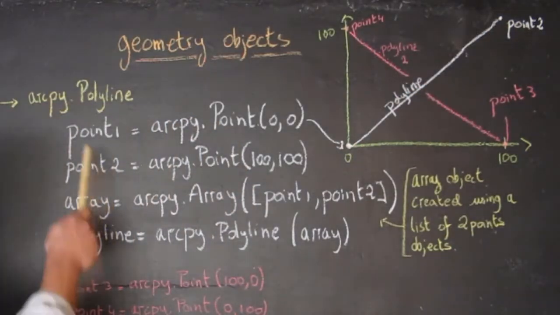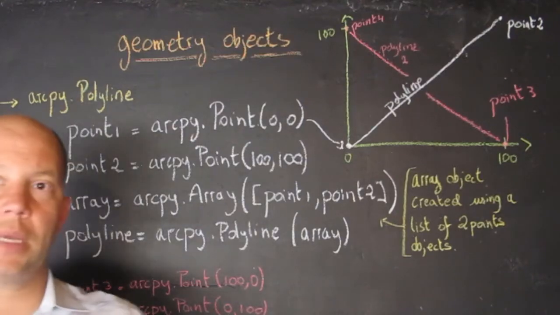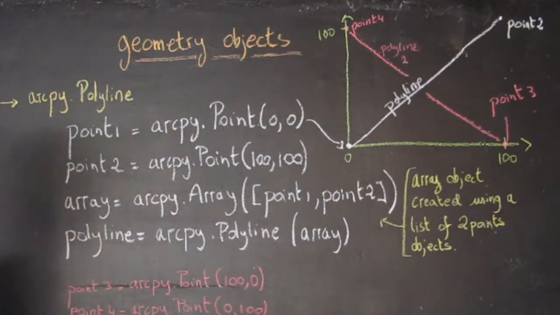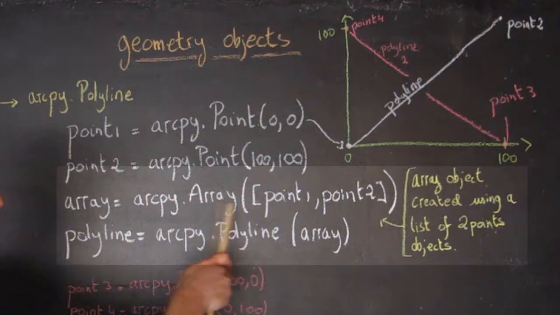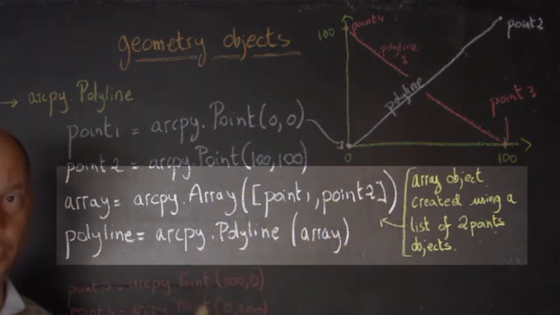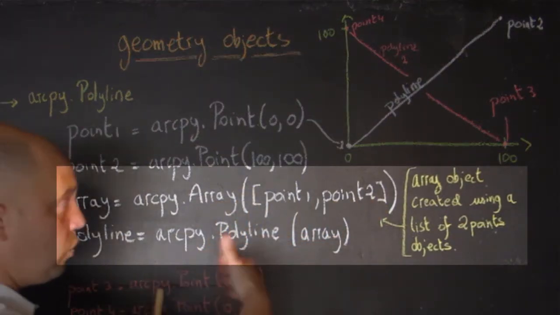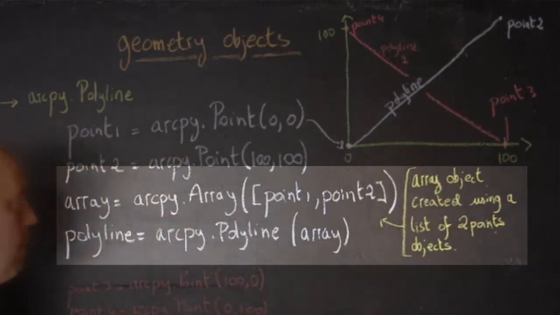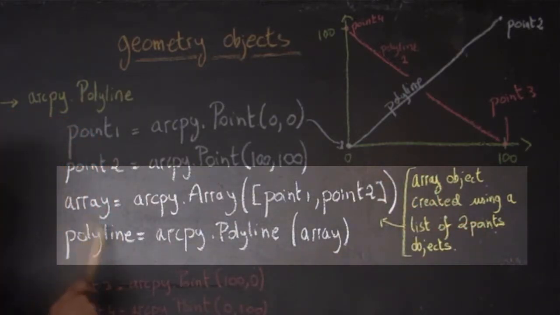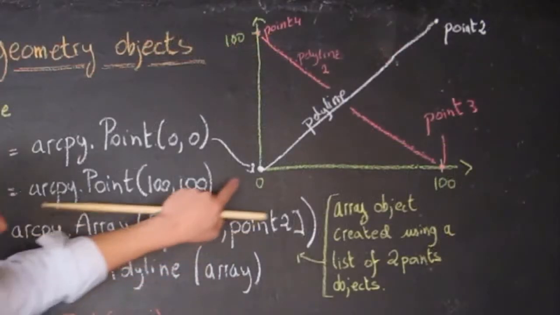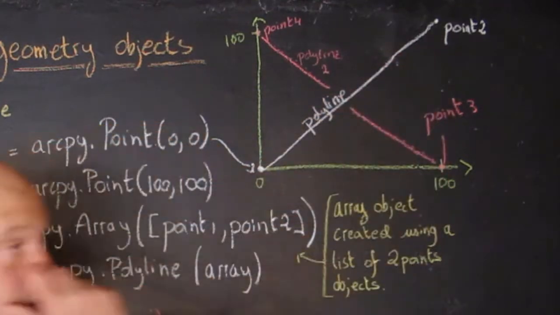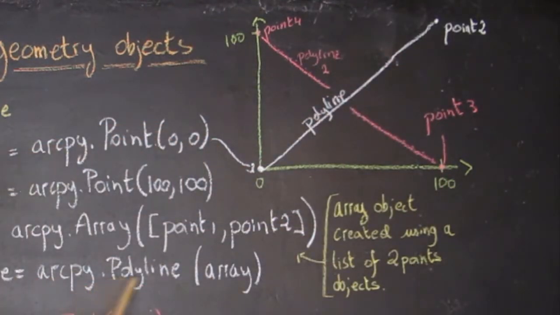And then from these points, you're going to make an array of them, and that array is defined by these 2 points. Again, as I mentioned, there could be more than 2, then you'd have point 2, point 3, point 4, and so on. And then you use this array to create that line, using the Polyline function.